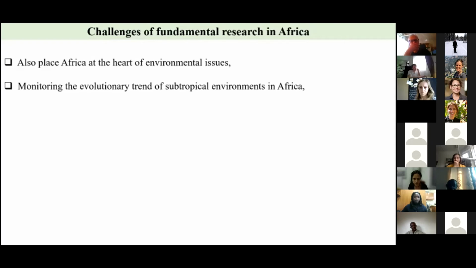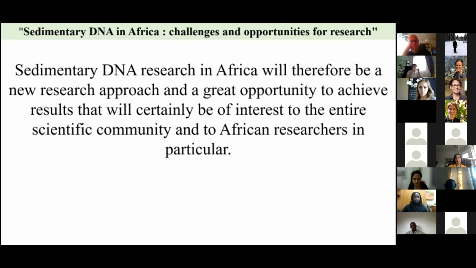Research in Africa will therefore be a new research approach and a great opportunity to achieve results that will certainly be of interest to the entire scientific community and to African research in particular.